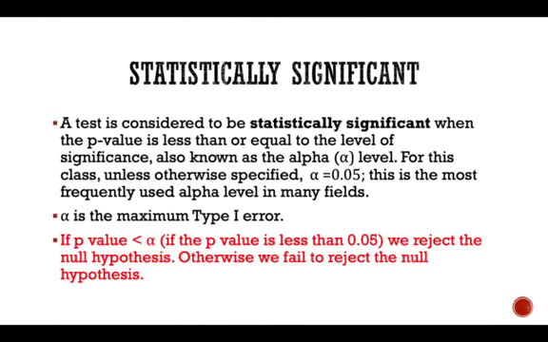So we're going to find the p-value using StatKey. And when we find this p-value, if the p-value is smaller than our maximum type 1 error, we will reject the null hypothesis. Otherwise, again, we don't accept, we fail to reject the null hypothesis.